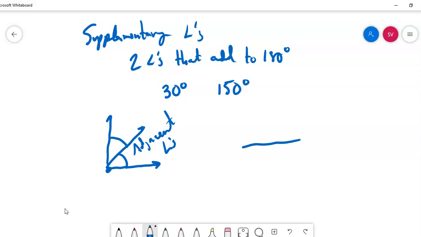And then if I have something like this, a horizontal line and an angle line, this angle here and this angle here is called a vertical angle, and vertical angles equal each other. So if I call this angle 1 and angle 2, because they're vertical angles, angle 1 will be equal to angle 2.